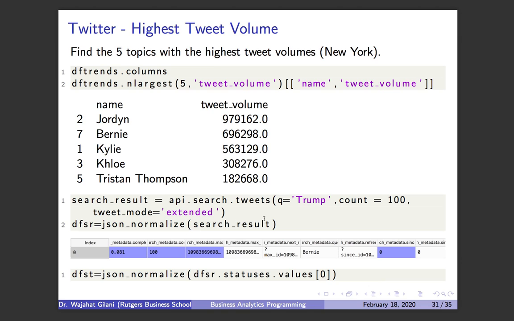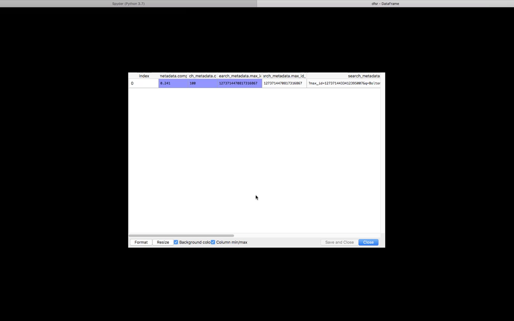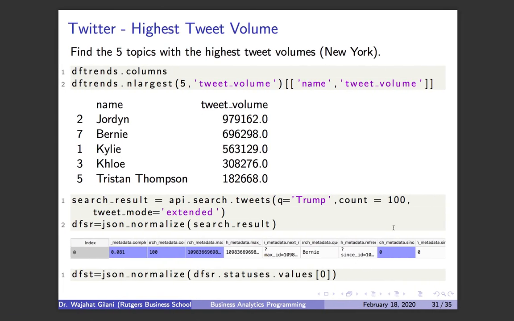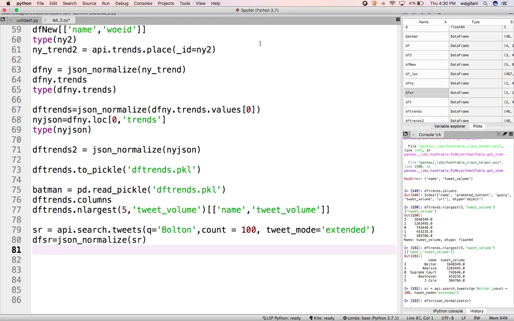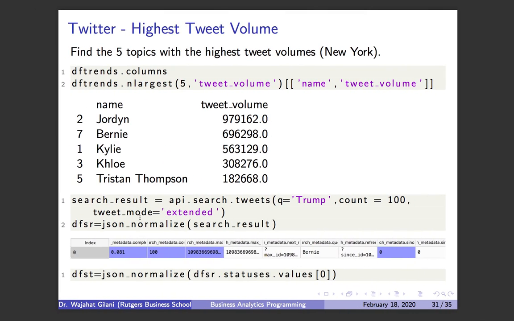If you scroll over to the right, where are you, statuses? There we are. In statuses there's a JSON object. That's the JSON object I want, the one that's going to have all the tweets. So how do I get that? I showed you guys two different ways to do it.